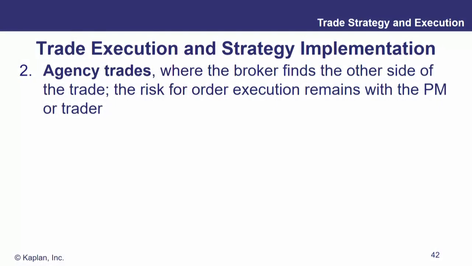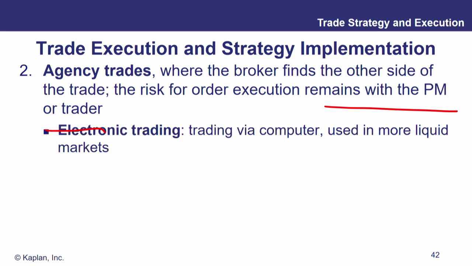It's high-touch, high hands-on. Okay, now we have agency trades. So again, the broker's finding the other side of the trade, but one thing we got to be clear about, the risk stays with the PM or trader. Now, on these types of agency trades, where do we mostly see those? This is in electronic trading.